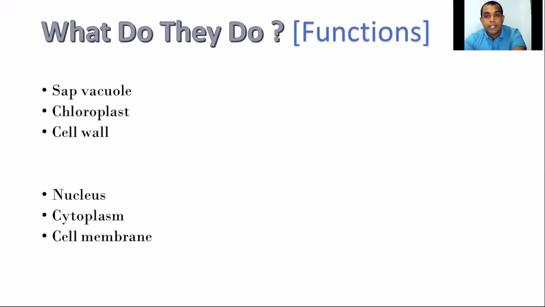Now we go to the next part, which is called functions. Functions means what do they do? Now, what have we learned about these functions? The vacuole stores the waste of the cell temporarily because the excretory waste can harm the cell.